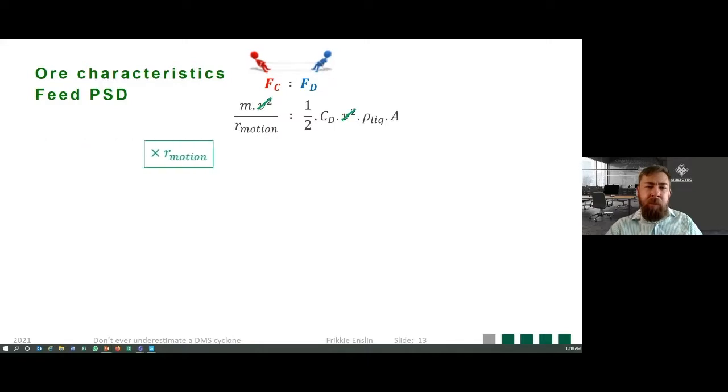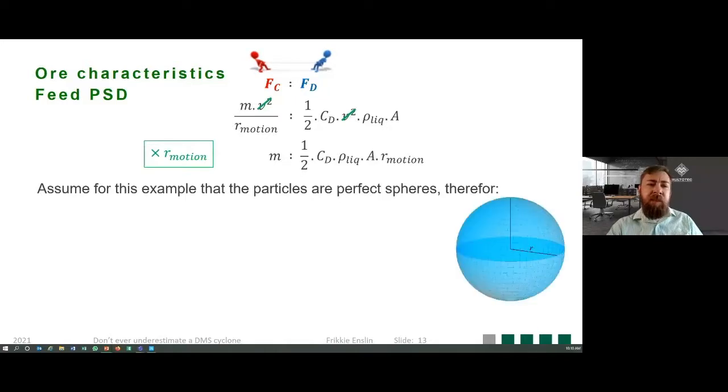If we manipulate a little bit and get a formula that's a little more palatable, we see that your M, which will be your mass, stands across your density of your liquid, the area of your particle, and the radius of the motion that the particle will follow. So for this example, let's assume that we have perfect spherical particles.